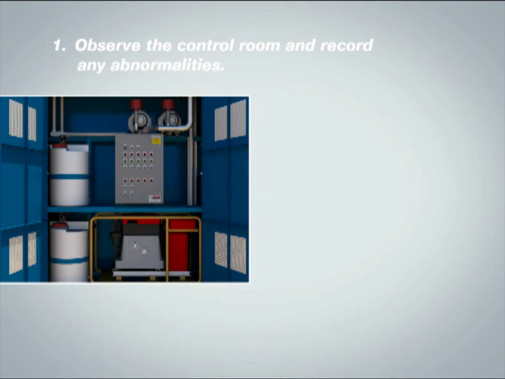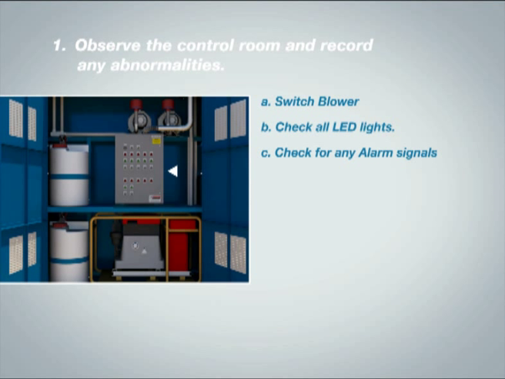1. Observe the control room and record any abnormalities. A. Switch to alter the blower in operation. B. Check all LED lights. C. Check for any alarm signals. D. Open control panel and check for any tripped contactors.